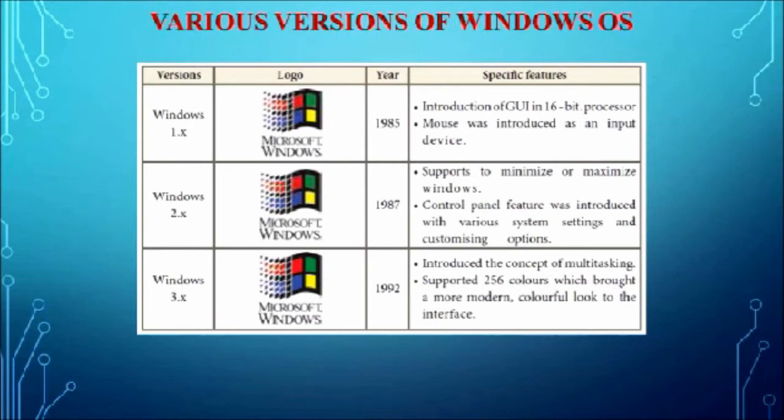Next, the third version of Windows is Windows 3.x, which was implemented in the year 1992. The specific feature of this operating system is introducing the concept of a multitask operating system, that is, a number of applications can be executed simultaneously.